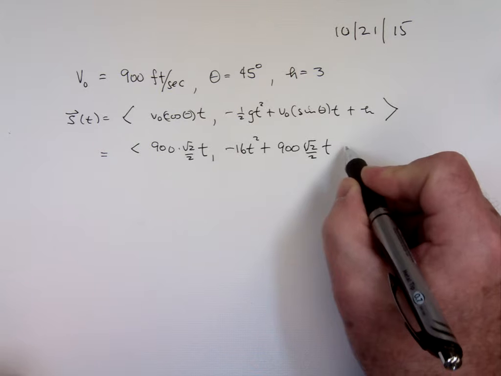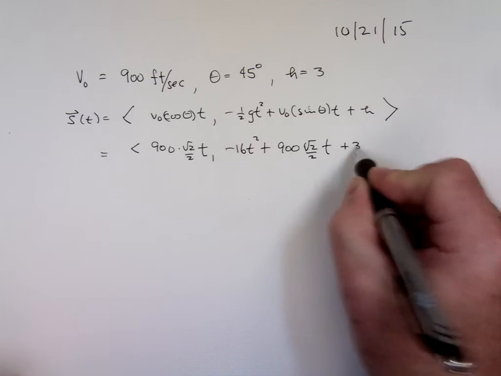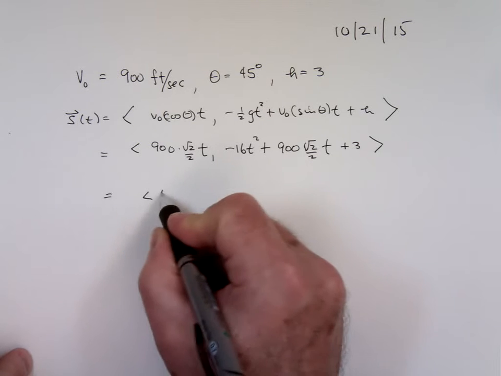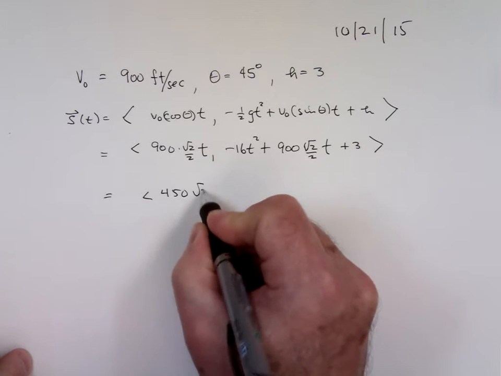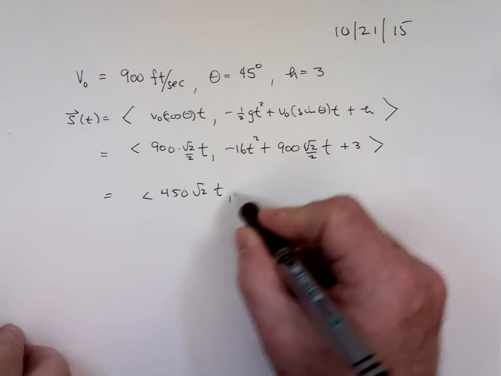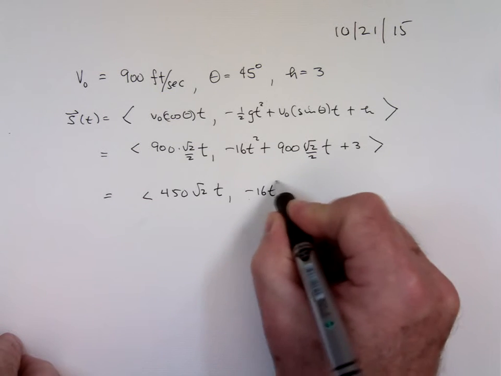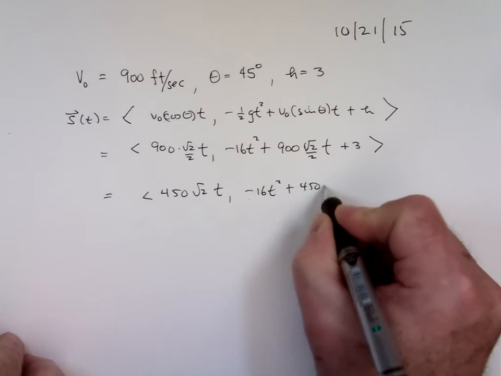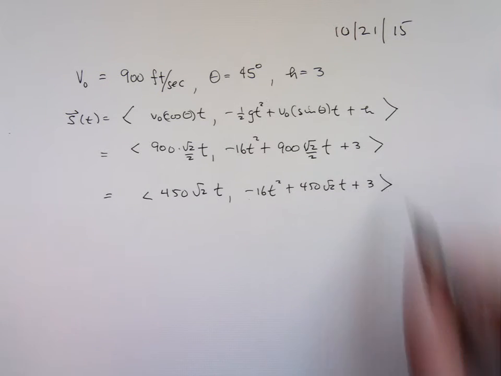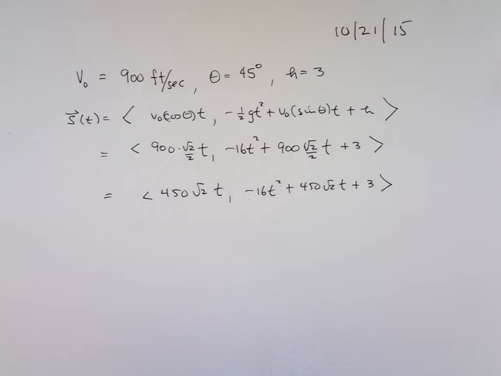And h is 3. The h is 3 is what makes this a pain in the neck. So you end up with 450 square roots of 2 t. That's the x component of your position at any time t. You get negative 16t squared plus 450 square roots of 2 t plus 3. That's your position at any time t.